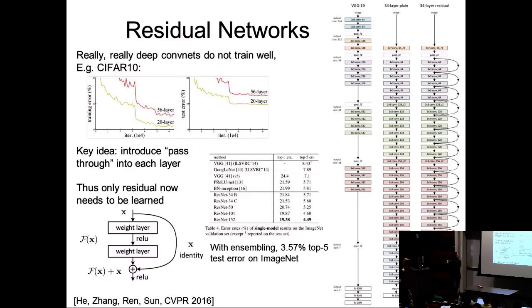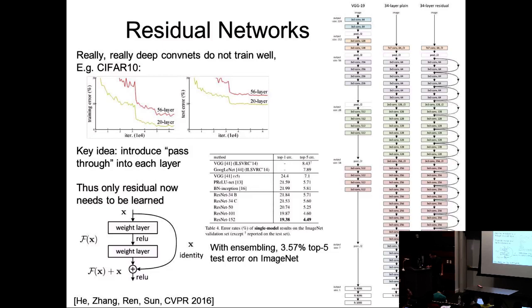And so now, if you look at this model, what am I looking at here? Here's VGG, which is OxfordNet, 19. So you can think of it as 19 different layers. Here's a 33-layer network, which is just fully connected. And here's a 33-layer residual network.